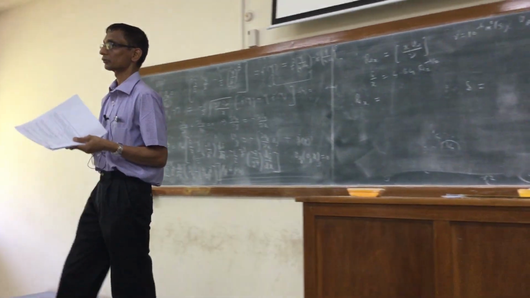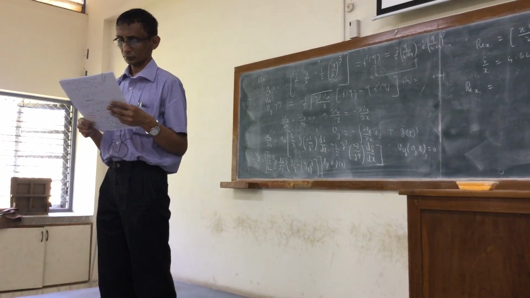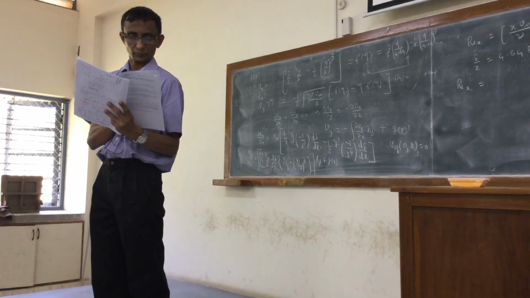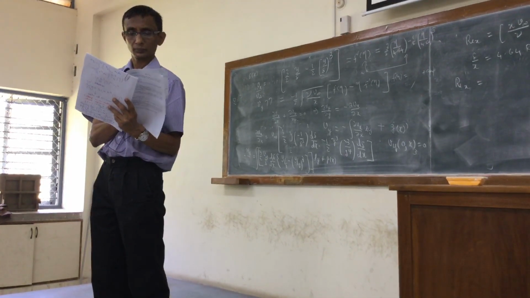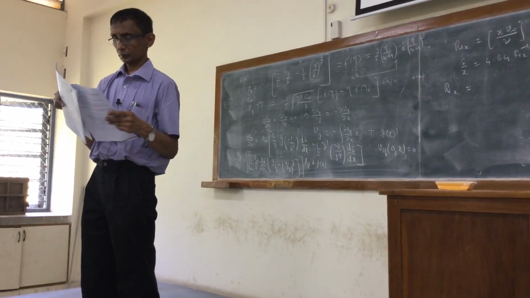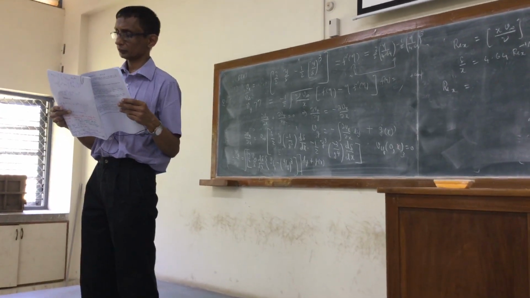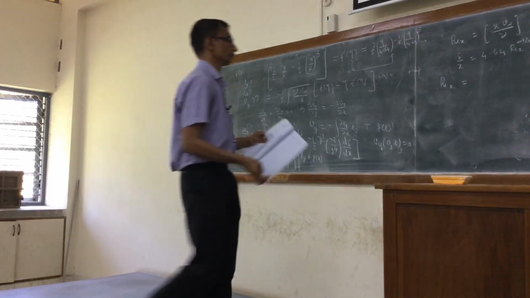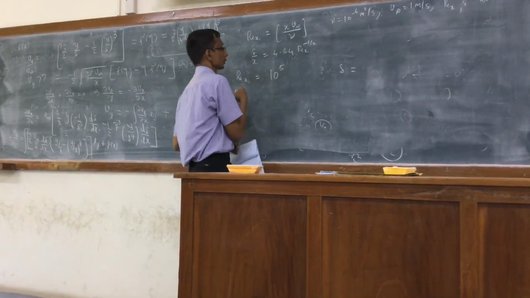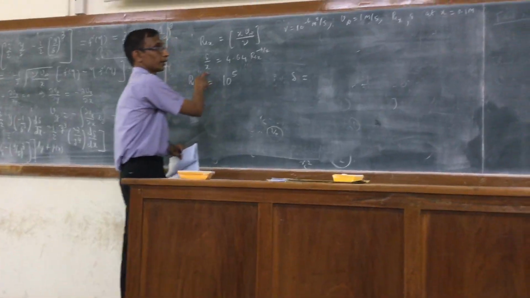Calculate, and then Rex is 10 to the power 5, and delta obviously is at 0.1 m.